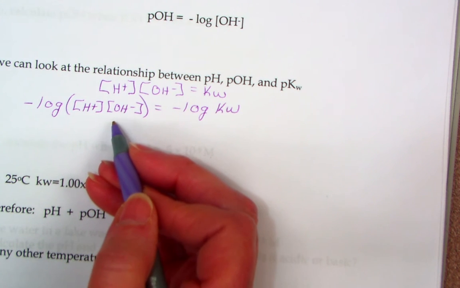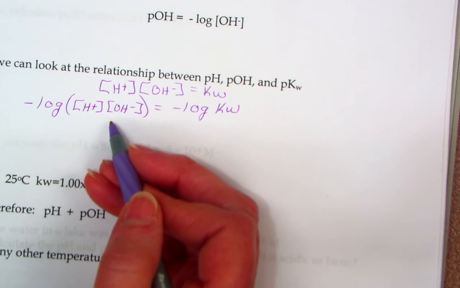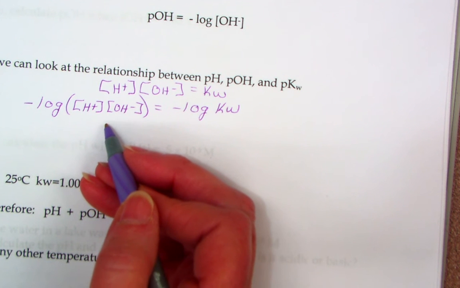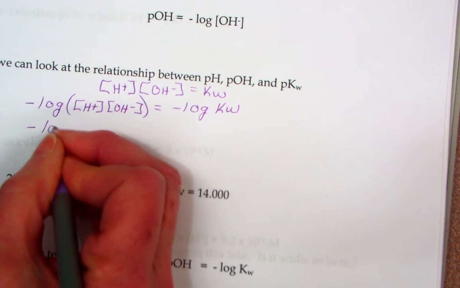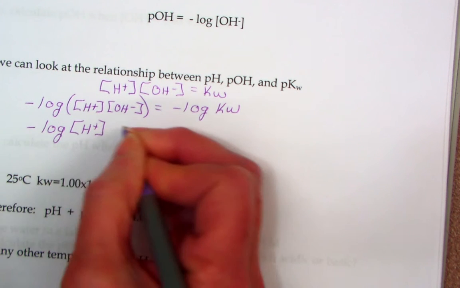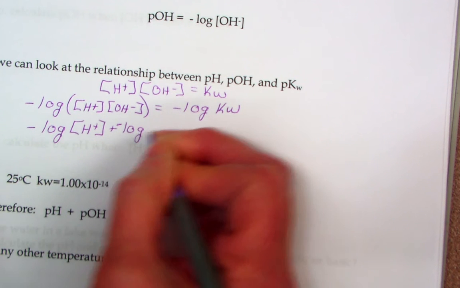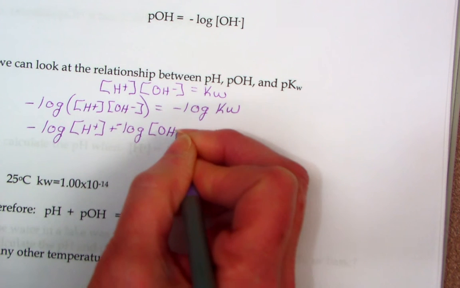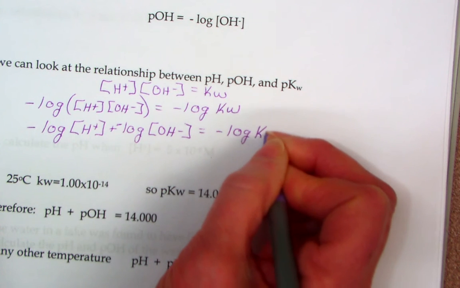And you remember from your introduction to logarithms that if you take a log of something that is two numbers multiplied together, you effectively take the log of each and add them. So, minus the log of the hydrogen ion concentration, plus minus the log of the hydroxide concentration is equal to minus the log of Kw.